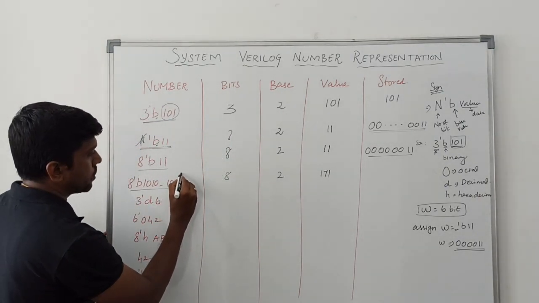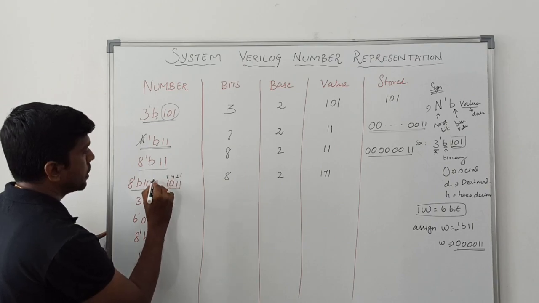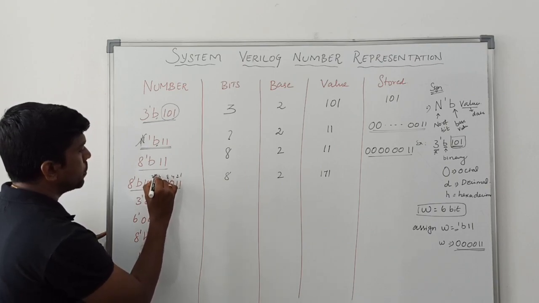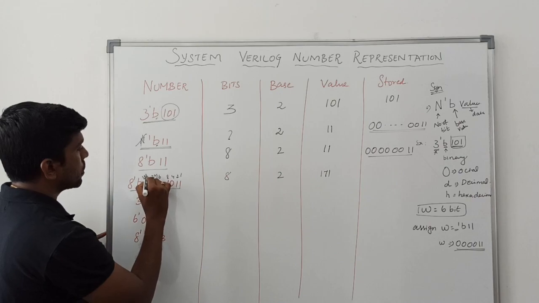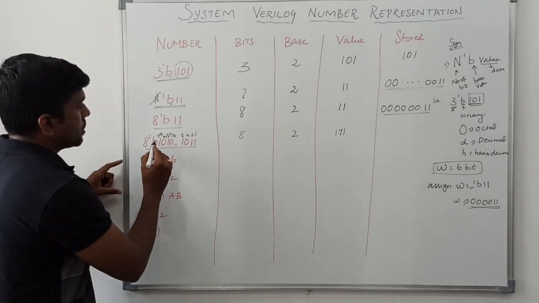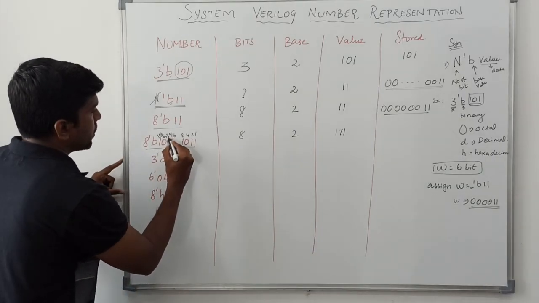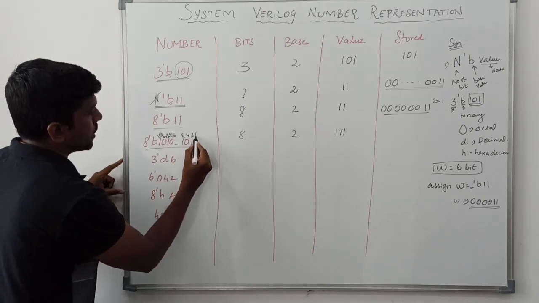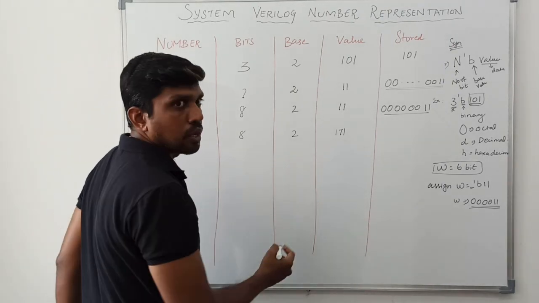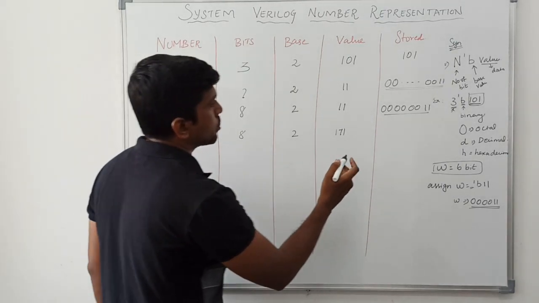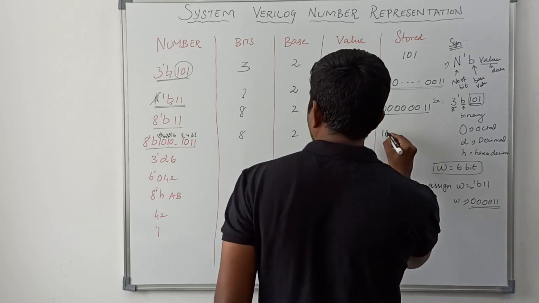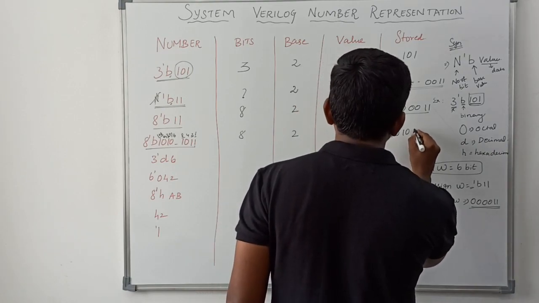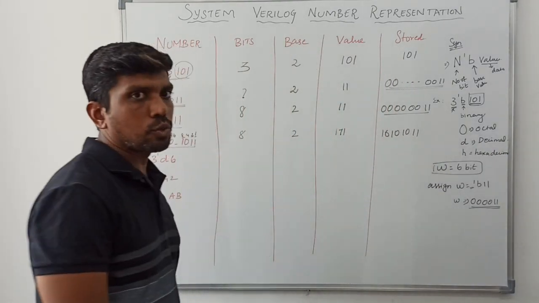Using the 8421 code: 1, 2, 4, 8, 16, 32, 64, 128. Just add these values: 128 plus 32 is 160, 168, 170, 171. So the value is 171, and the equivalent stored value is 10101011.